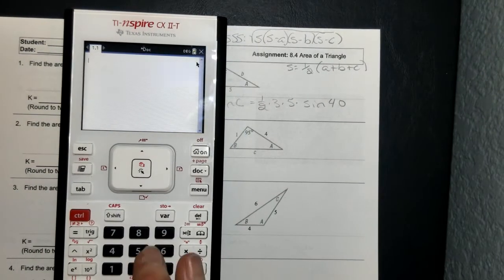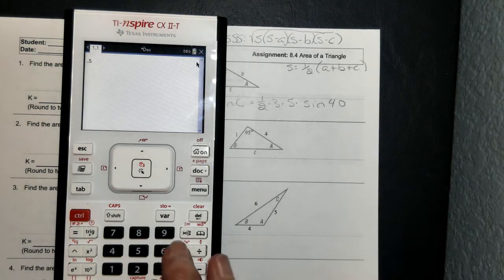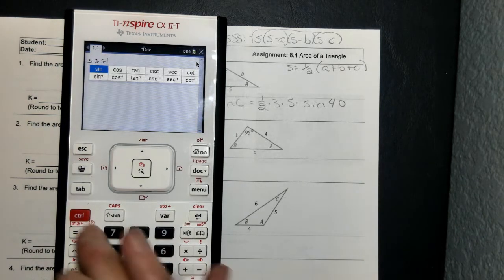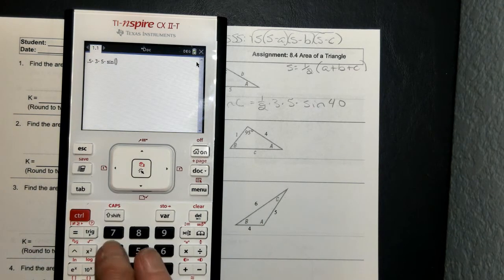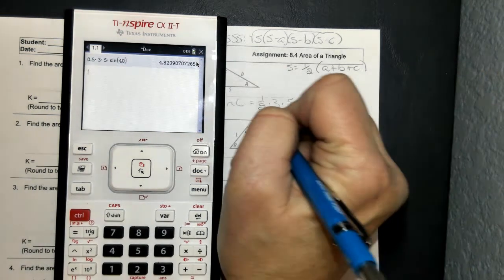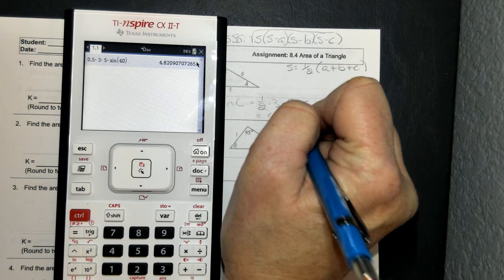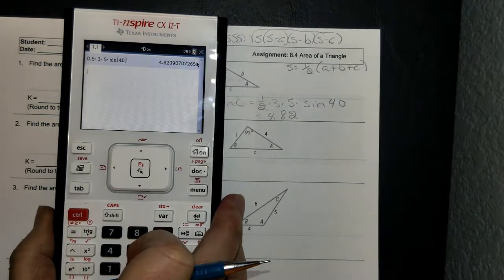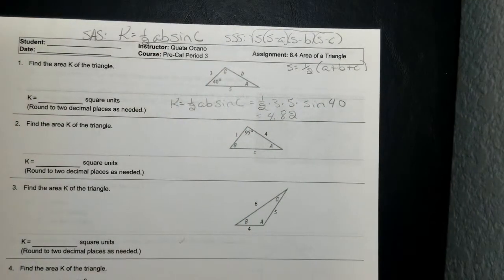I'm just going to go 0.5 to keep that clear, times 3 times 5 times sine 40, and I get 4.82, rounding to 2 decimal places.